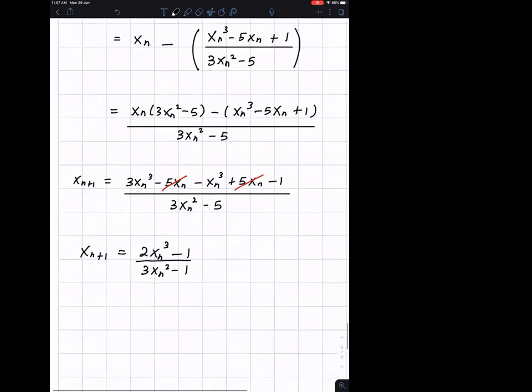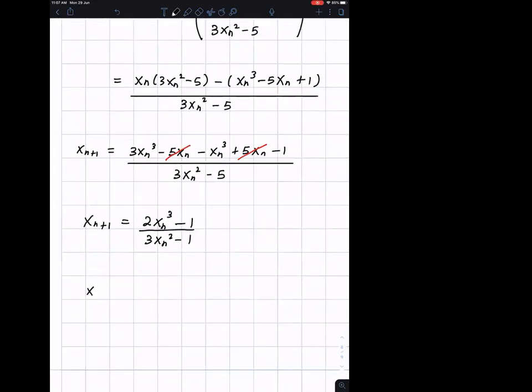So your x1 is going to be 2x0 cubed minus 1.